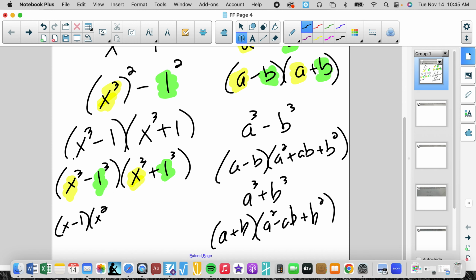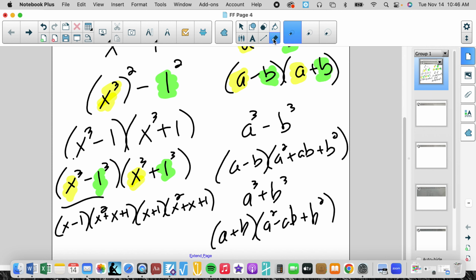So if we write this, we're going to write this as x minus 1 quantity x squared, AB is going to be plus x, and it's going to be plus 1. And that's for this difference of cubes, and then the sum of cubes is going to be x plus 1, and it's going to be x squared plus x plus 1. Oh, sorry, that's not correct.